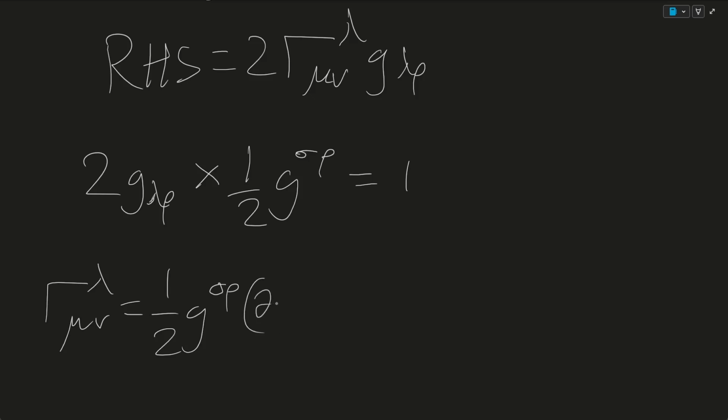Partial mu g nu rho plus partial nu g rho mu. Oh, minus. Don't forget, it's a minus there.